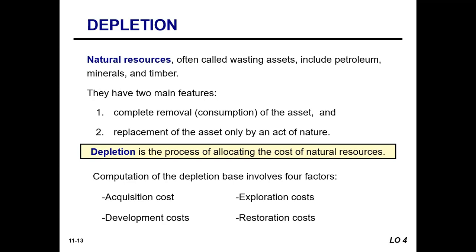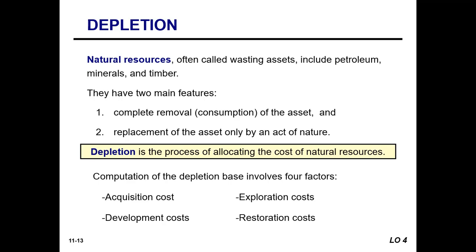So just like it shows here, natural resources are often called wasting assets, because again, as we're depleting those assets, we're depleting that natural resource. They have two main features: the complete removal or consumption of the asset, and the replacement of the asset only by an act of nature, right?